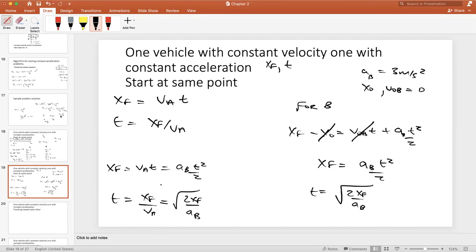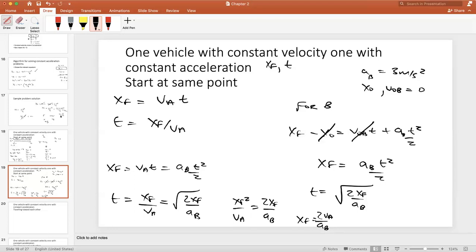Notice that with this one I'm going to have to do something weird because I have this under the square root, and I'm going to have to do some extra stuff. If I square both sides, I get x final squared over vA is equal to 2x final over aB, or x final, if I divide through by x final on both sides and multiply by vA, 2vA over aB.